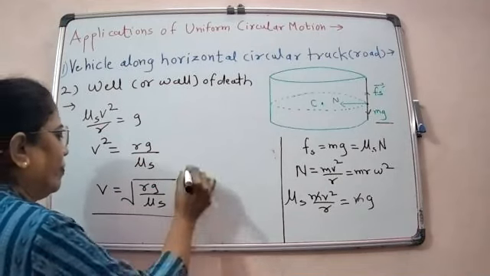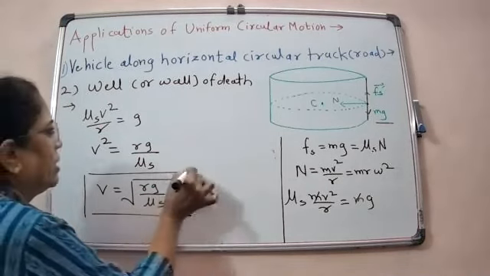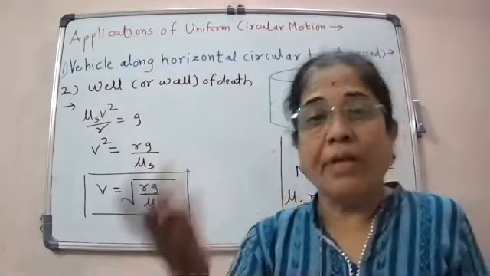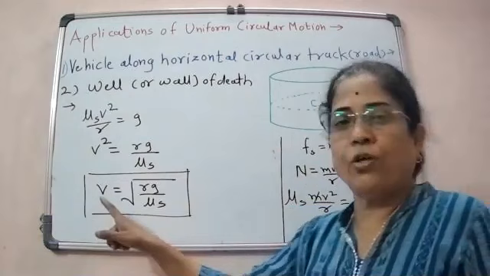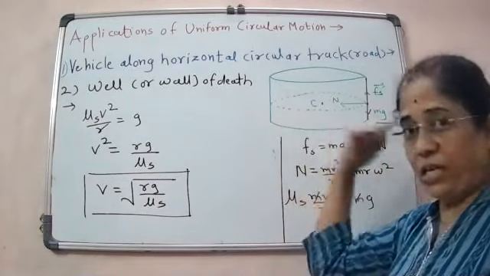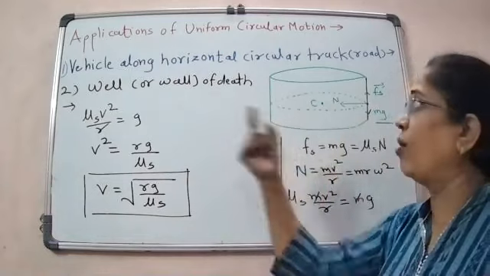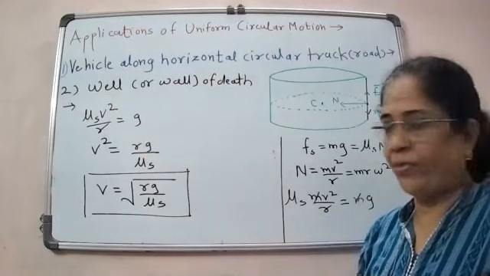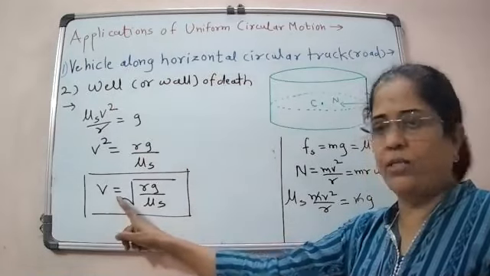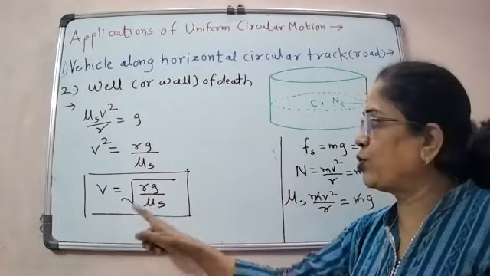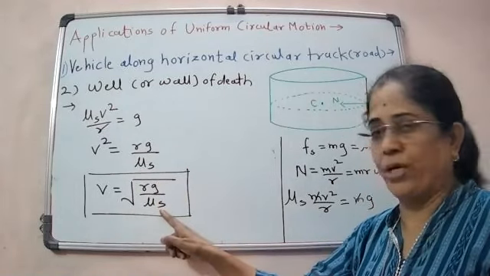So the speed which is necessary for the horizontal circular motion along the wheel of death in a circus is v equal to square root of rg upon mu s.